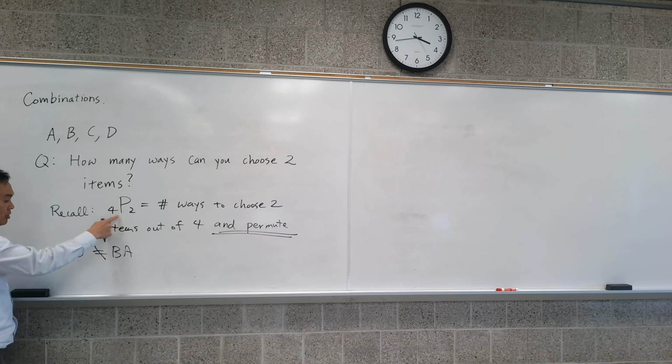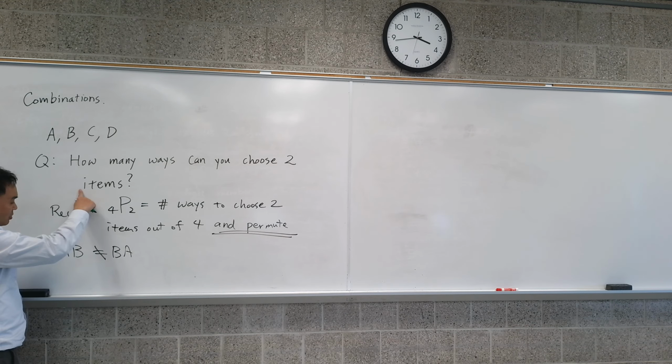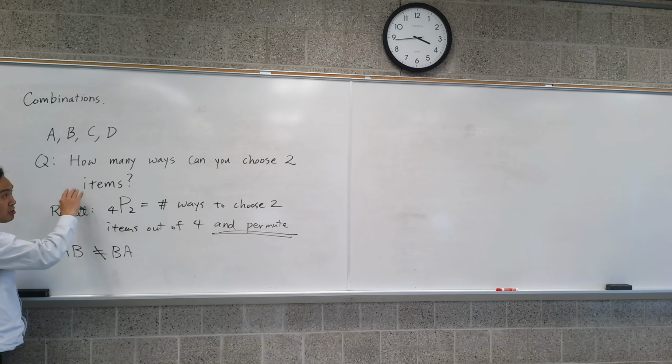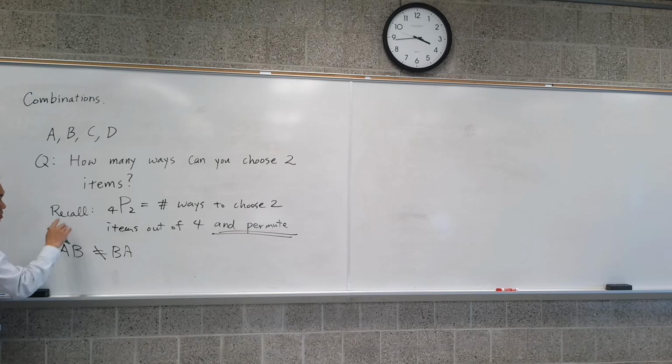When you do permutation, the order matters. Different orders are treated as different. But here, I didn't talk about whether A and B being chosen means it doesn't really care where A is chosen first and then B, or B is chosen first and then A. The order doesn't matter over here. So that's the big difference between them.